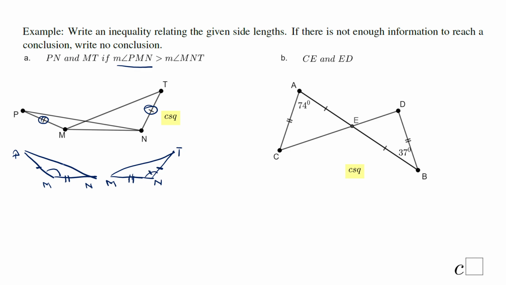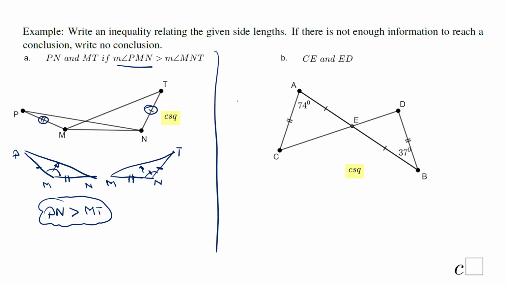Because PMN is greater, that means this side, PN, which is on the other side of the angle, has to be greater than the third side of the other triangle on the other side of angle MNT, and that would be MT. Okay, so this is the relation for this problem. Let's move to part B.